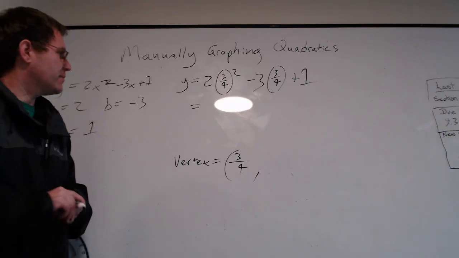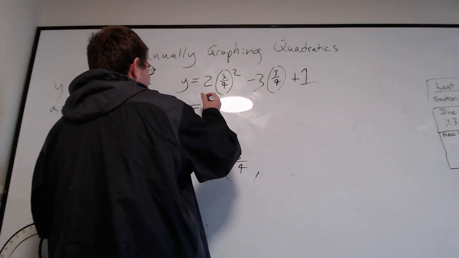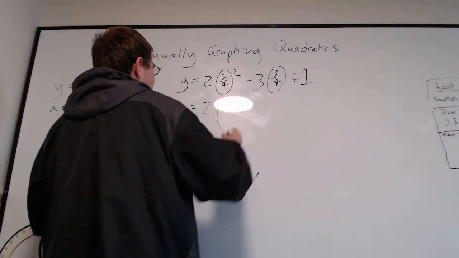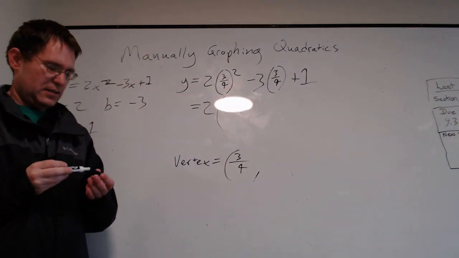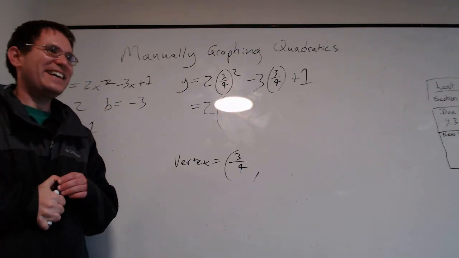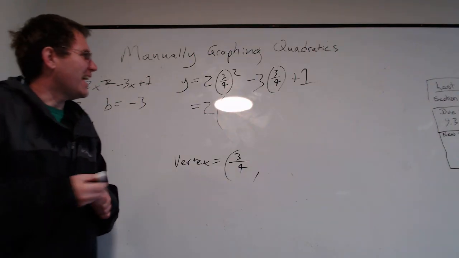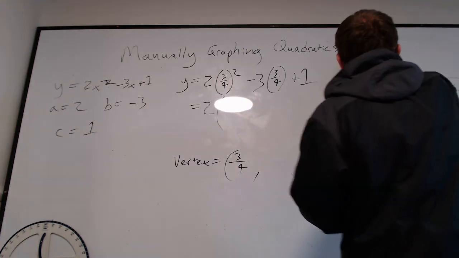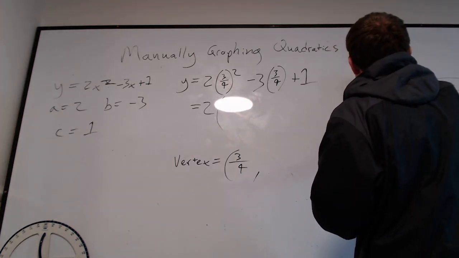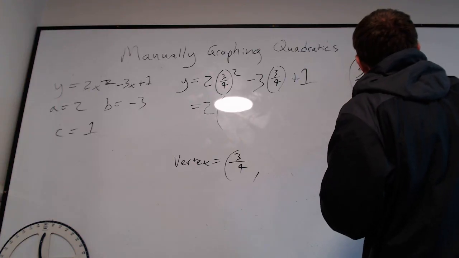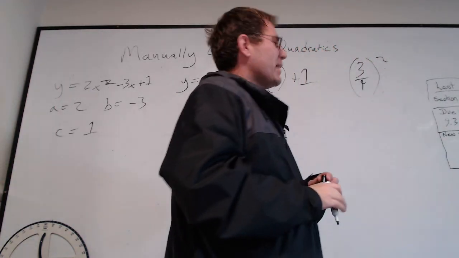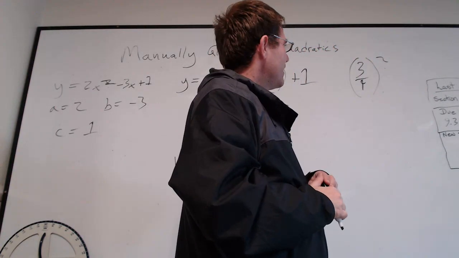You would cross multiply. 3 times 3 is 9, and 4 times 4 is 16. So it would be 9/16. You get 0.56 as a decimal, but we want to keep it as a fraction, so that would be 9/16.